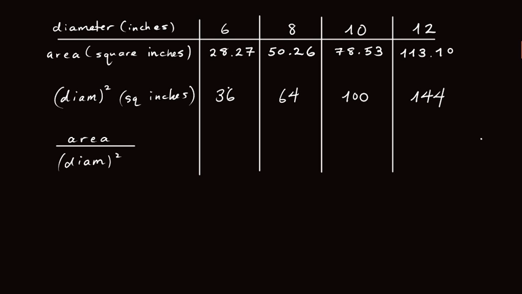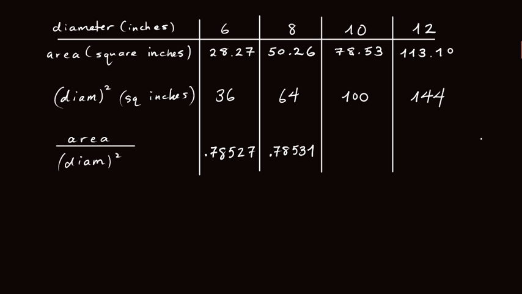So I'm going to take the area 28.27, divide by 36, plug it into my calculator, and I get 0.78527. I take an area of 50.26 square inches divided by 64, and I get a number like 0.78531. Look, they're very similar.